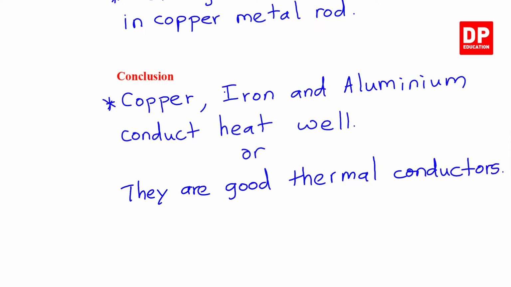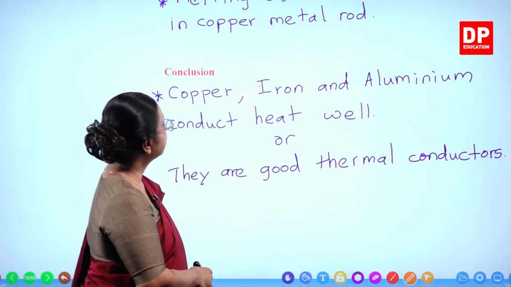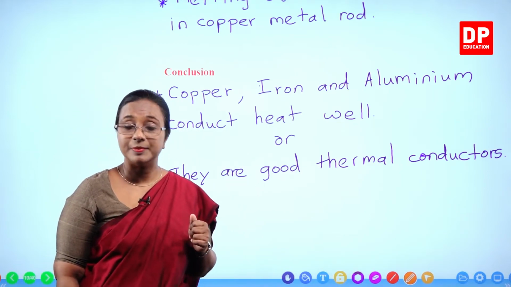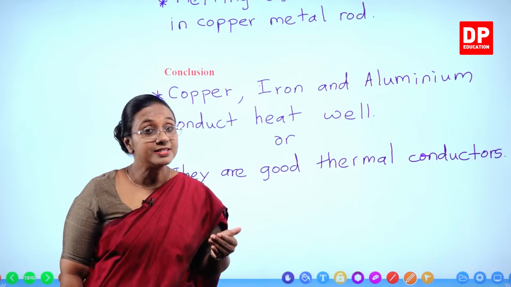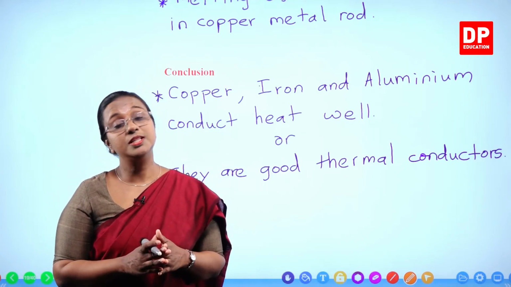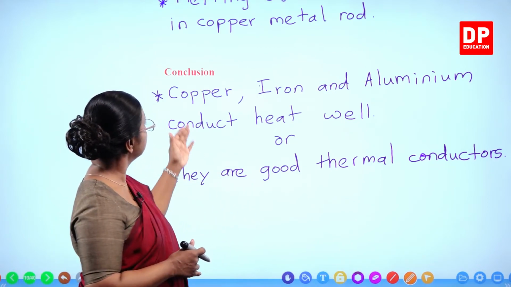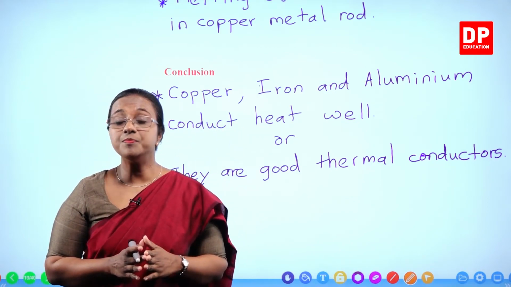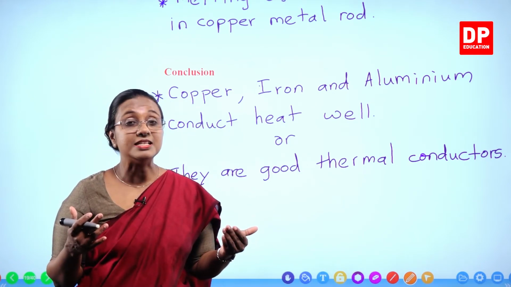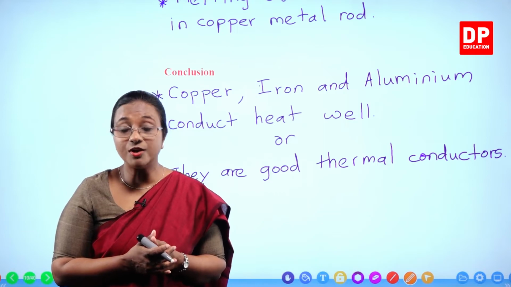Another term, thermal conductors. So we can either say they can conduct heat well, or we can say they are good thermal conductors. Like I said before students, usually metals are good thermal conductors. So here copper, iron and aluminium, all of them are good thermal conductors. So you can understand they show properties of metals.